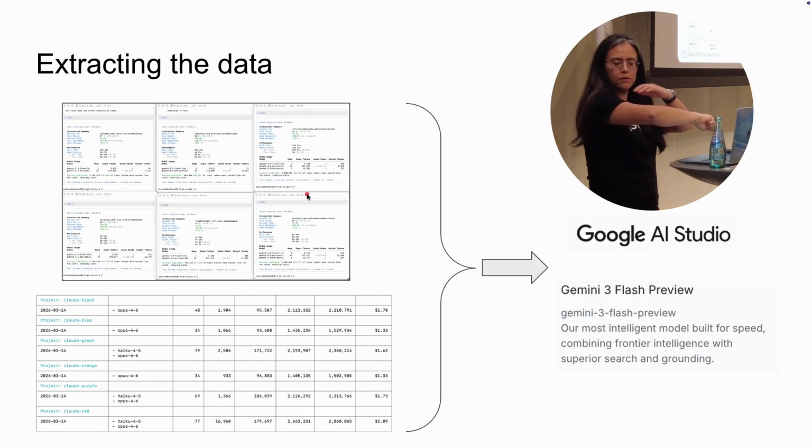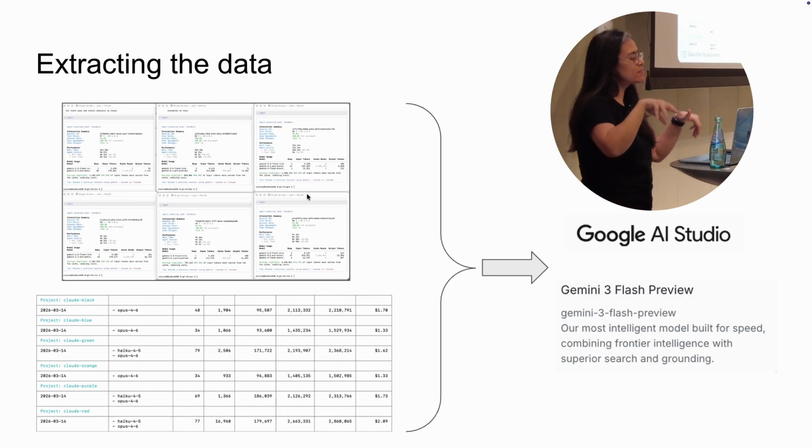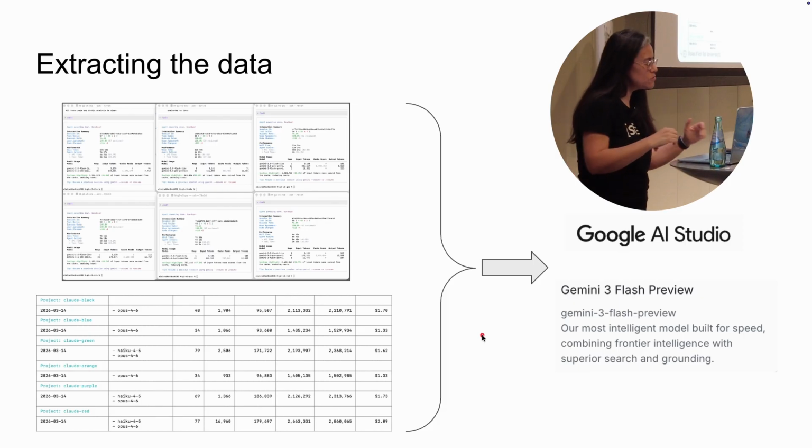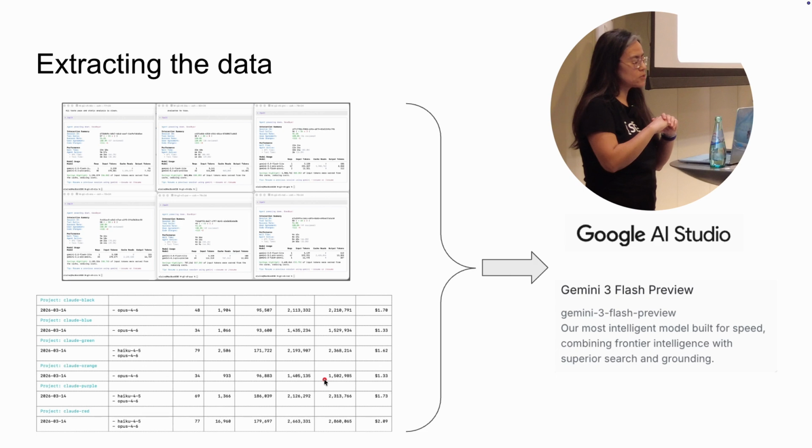Please write the number of tokens, whatever. So I could extract the data by directly using Google AI Studio, which was super easy to do. If you ever need to scan text from screenshots or from images, it's really easy to do.